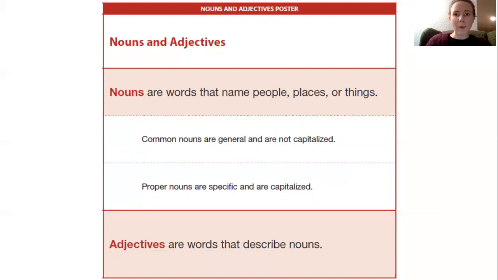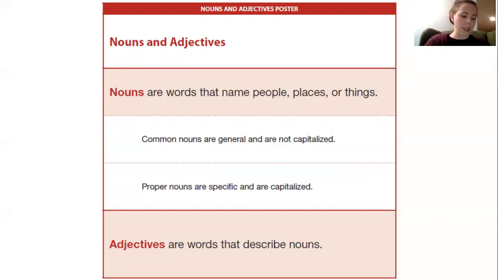And then there's two types of nouns that we're talking about. Common nouns are general words and are not capitalized. You know, we always capitalize the first letter at the beginning of a sentence, but in the center of our sentence, we want to make sure that the common nouns are not capitalized.